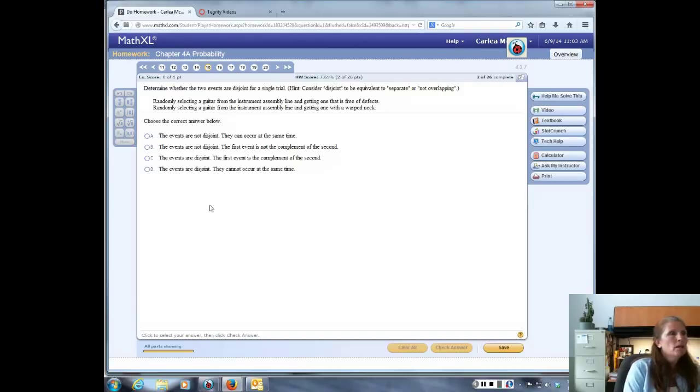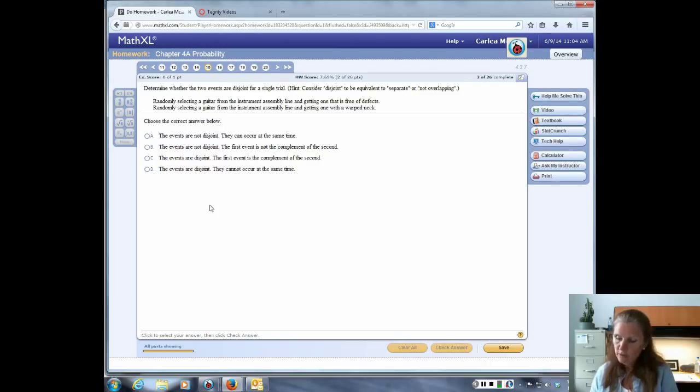All right. Determine whether the two events are disjoint for a single trial. Consider disjoint to be equivalent to separate or not overlapping. Randomly selecting a guitar from the instrument assembly line and getting one that is free of defects. Randomly selecting a guitar from the instrument assembly line and getting one with a warped neck. These are really hard for people.